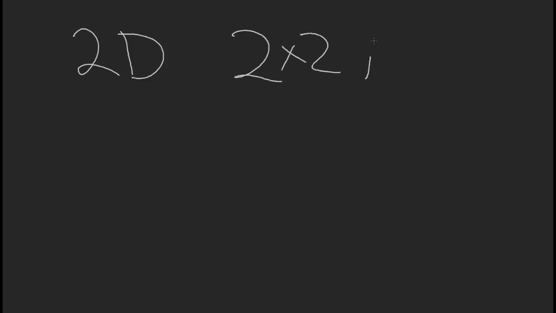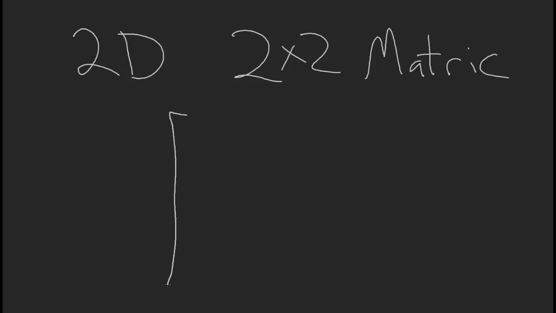So the first thing you need to realize is that complex numbers are two-dimensional numbers. Okay, so mathematically you need to set up a 2 by 2 matrix to hold a complex number.